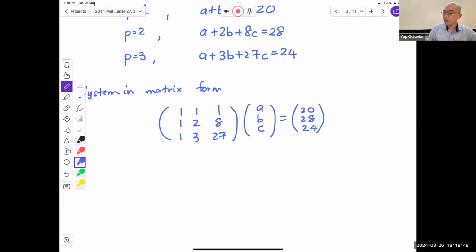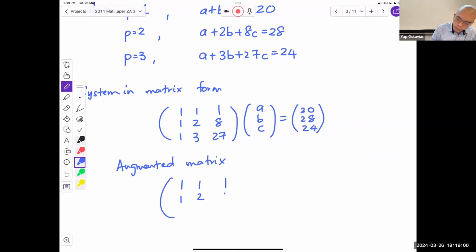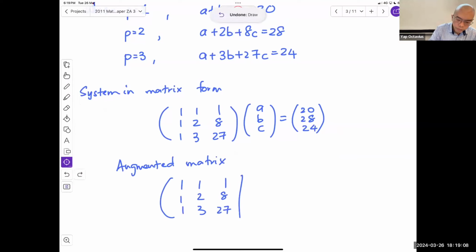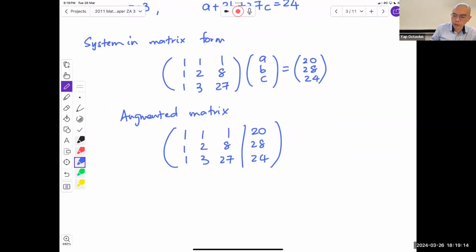Okay, let me solve this quickly for you. The augmented matrix. Okay, let's start the row operation.